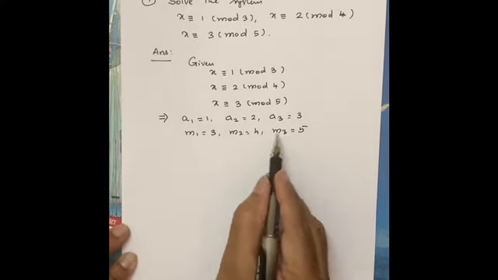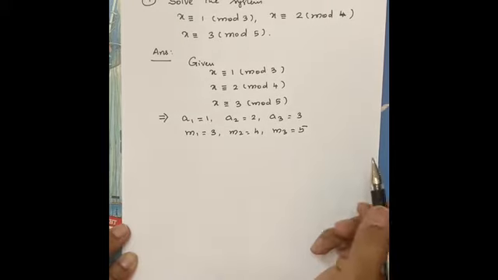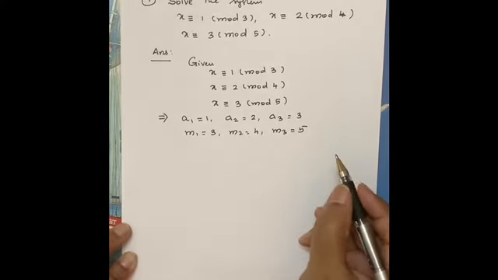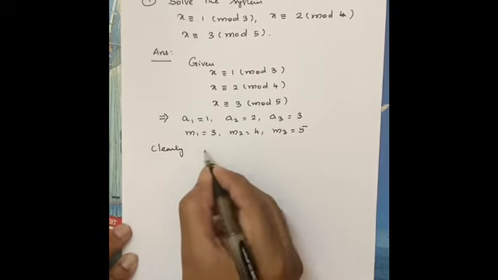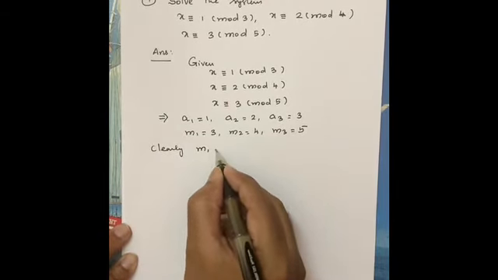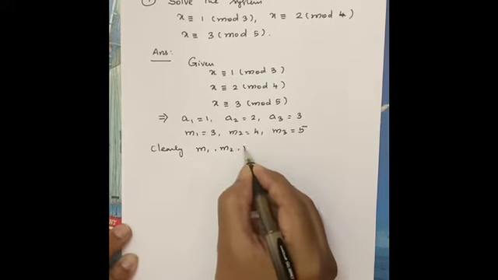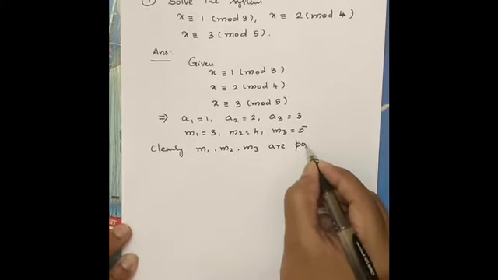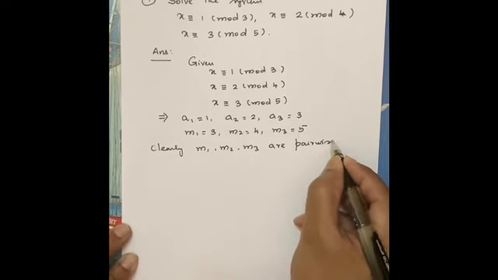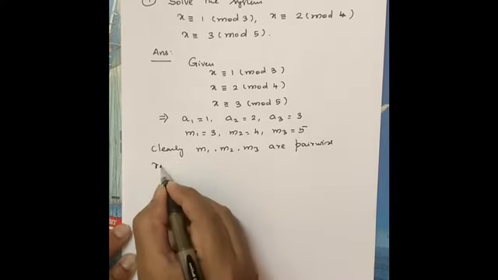So 3, 4, 5, clearly these are pairwise relatively prime. So that also we can write: clearly m1, m2, m3 are pairwise relatively prime.